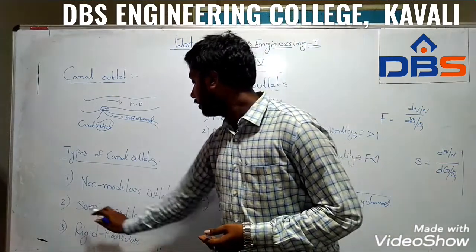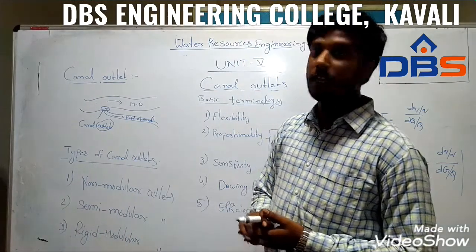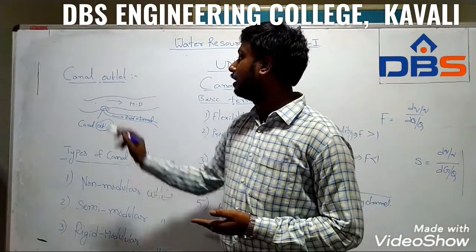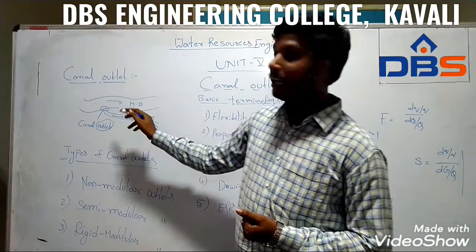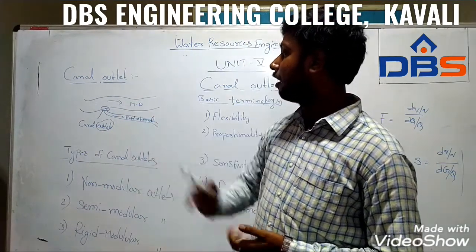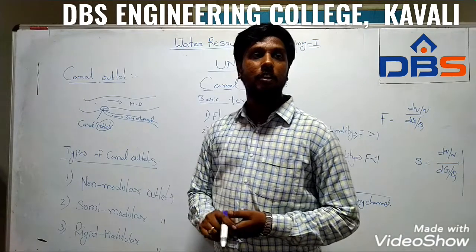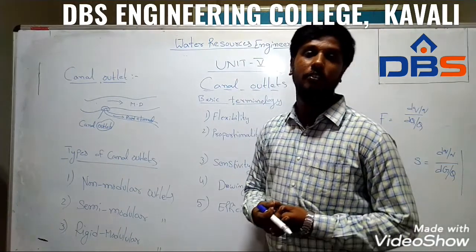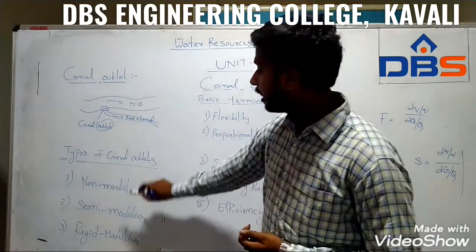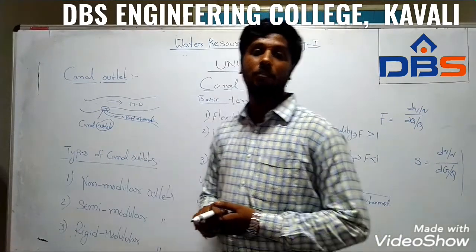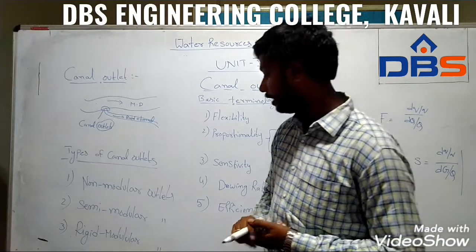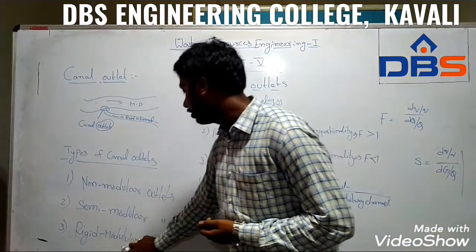Coming to the next one, the semi-modular outlet. In a semi-modular outlet, the fluctuations in the major distributary have less effect on the water levels in the field channel. Here also we have a certain fluctuation limit, but compared to the non-modular outlet, it gives only a small quantity of fluctuation effects. Finally, the rigid modular outlet.